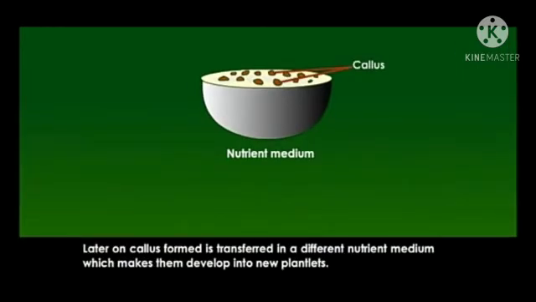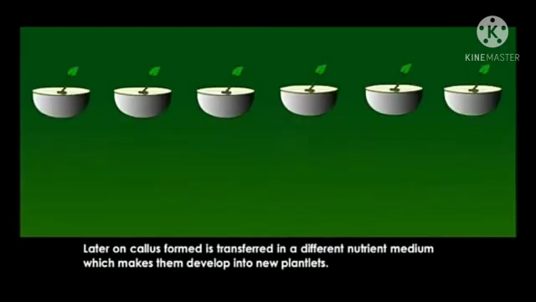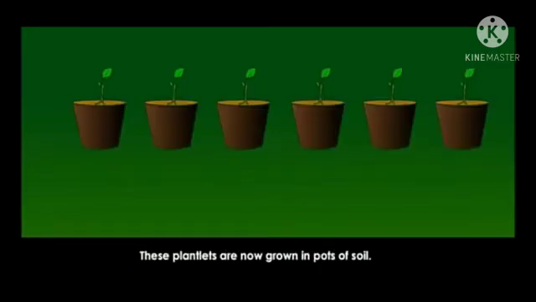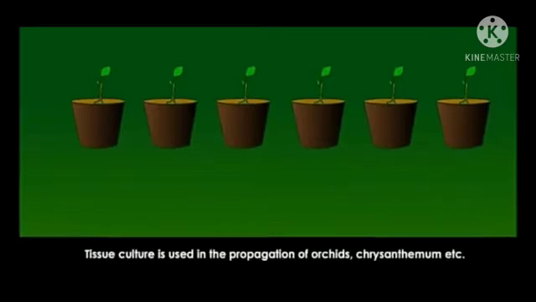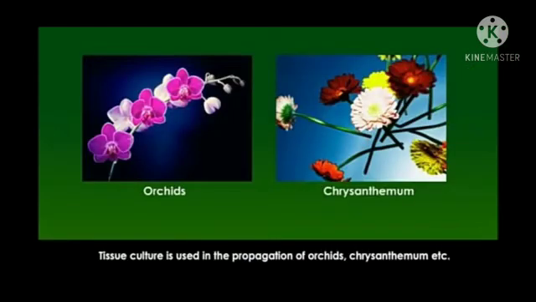Later on, the callus formed is transferred to a different nutrient medium which makes it develop into new plantlets. These plantlets are then grown in pots of soil. Tissue culture is used in the propagation of orchids and chrysanthemum, etc.